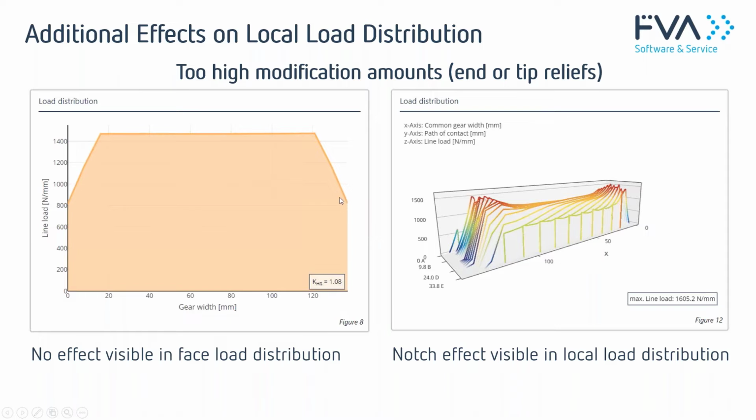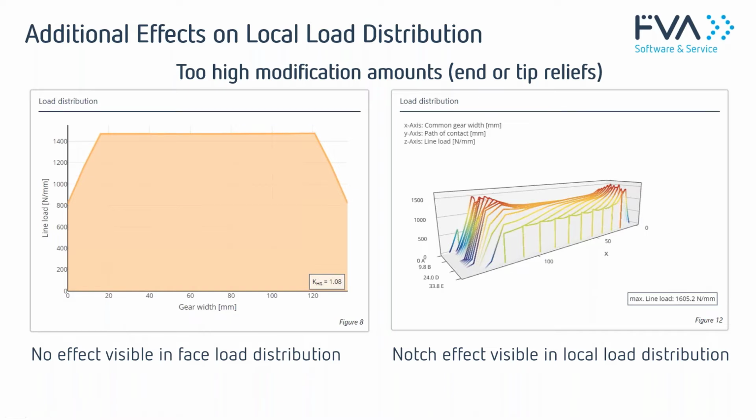So if you apply too high tip or end reliefs, you do not really avoid the high edge contact values. You only shift these high edge contact values more to the middle of the tooth flank.